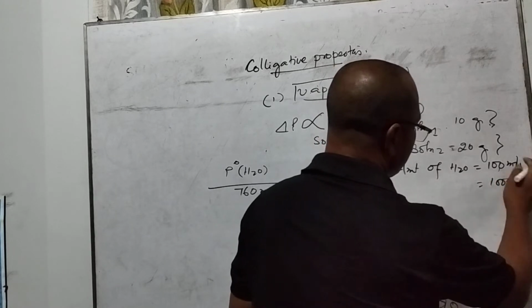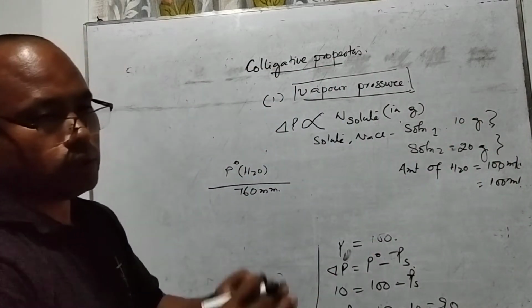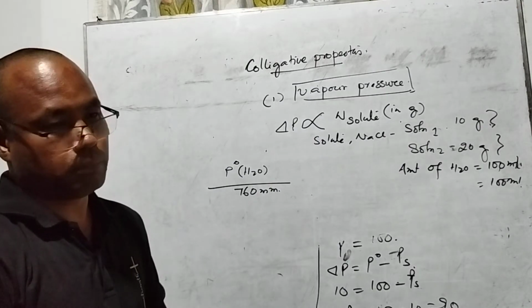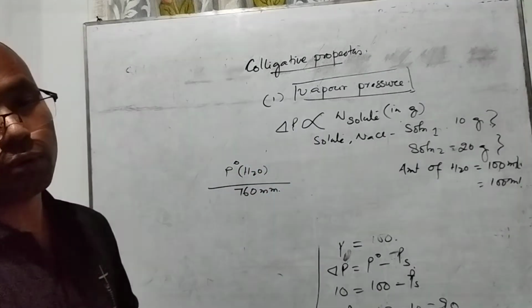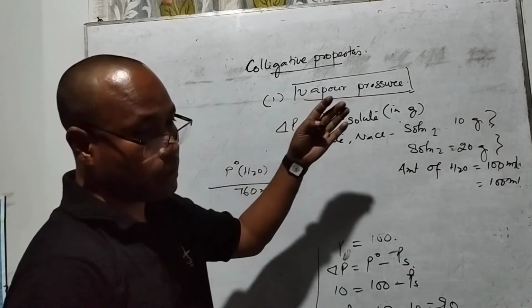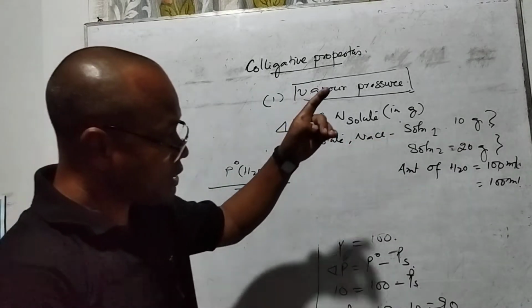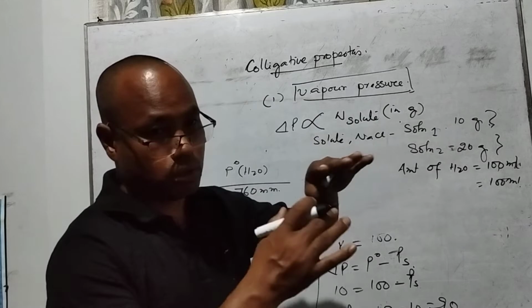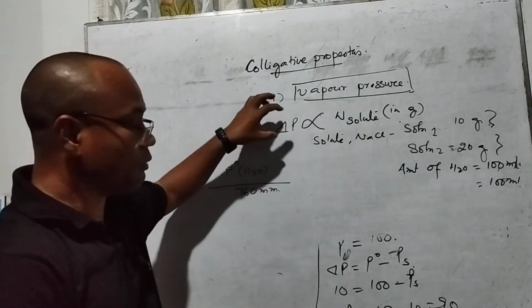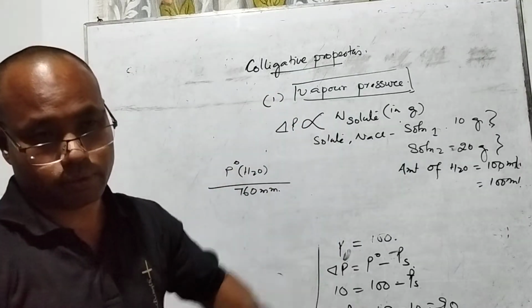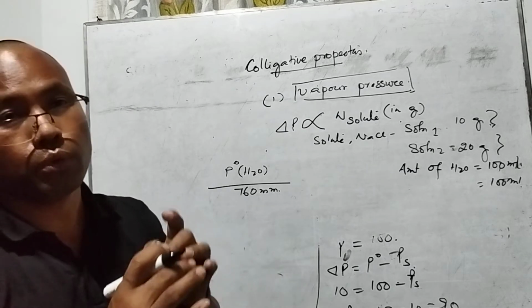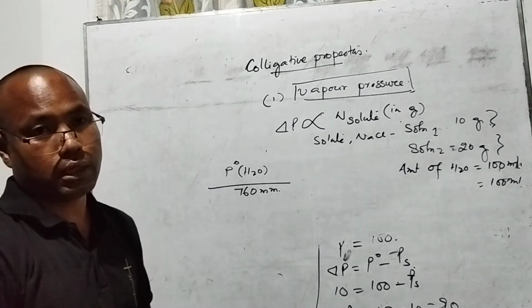So the same quantity of water, but the quantity of solute is different. In solution 1, 10 gram; in solution 2, 20 gram. Since the amount of solute is different, the lowering of vapor pressure will also be different. So which one should have more lowering, and which one less lowering?